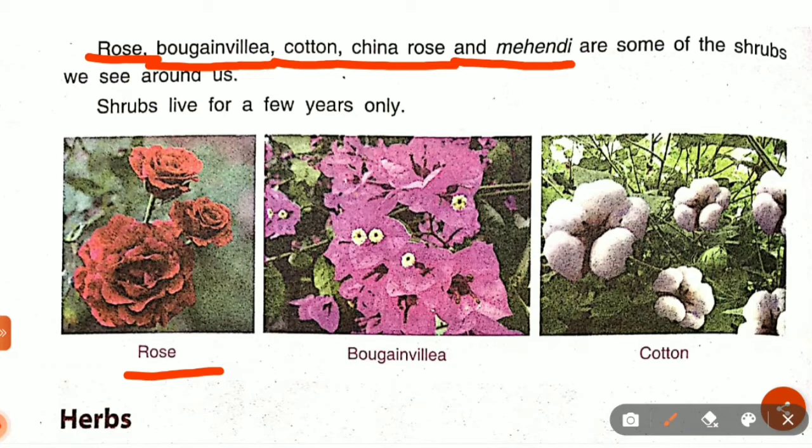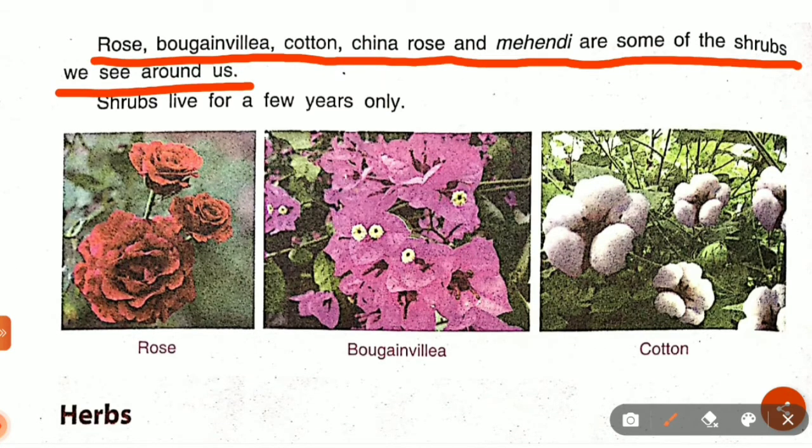You all put mehendi whenever there is a function. Your sisters, mother, aunts, everyone will put mehendi on their hands, right? So these are some of the shrubs we see around us. If you have a rose plant or mehendi plants in your home, please put it in the comment box.